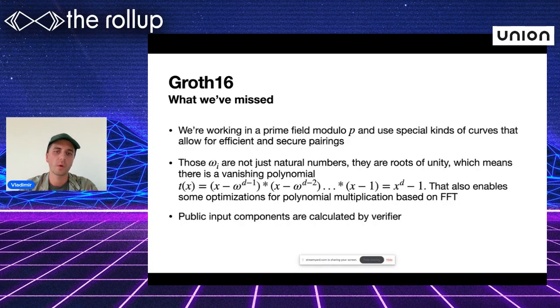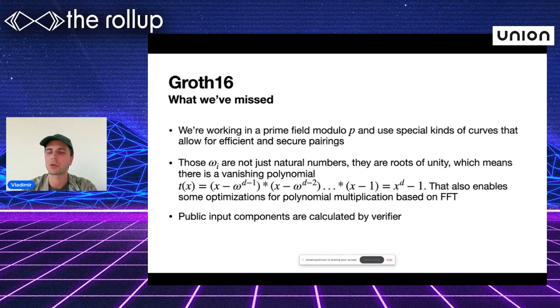Also, we're working in a prime field modulo P, and there are very few curves that are efficient for pairings, which are also called snark-friendly or pairing-friendly curves, which is a very important thing to know from a compatibility standpoint. Also, this omega i that we use to enumerate our gates is not just regular natural numbers.